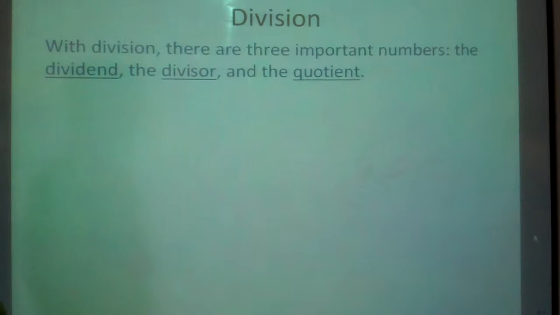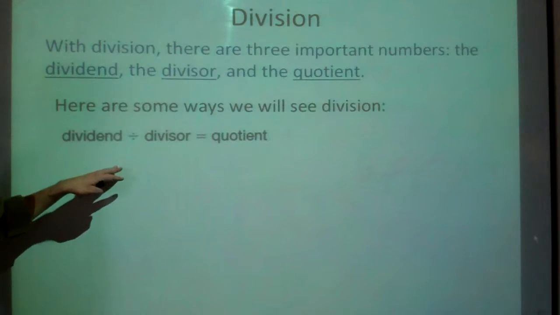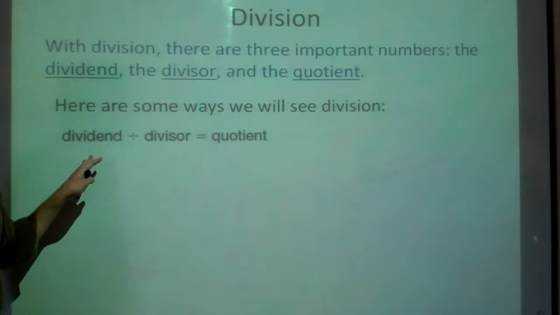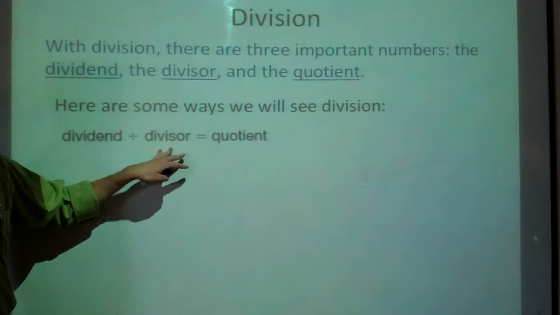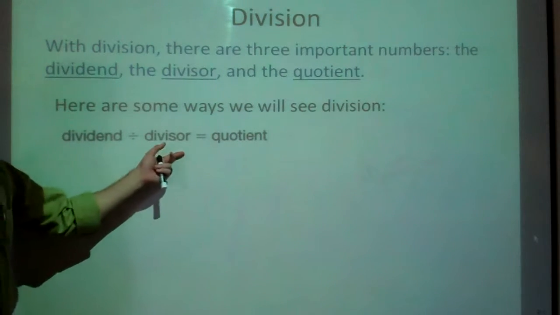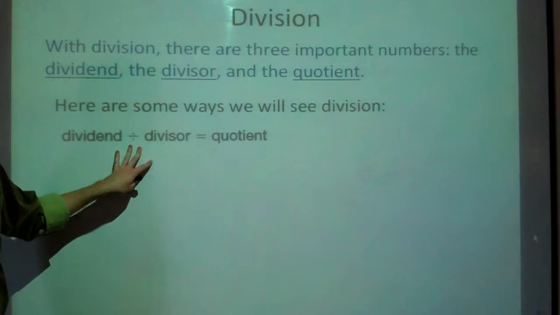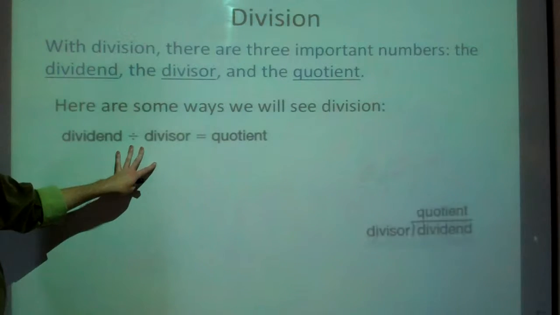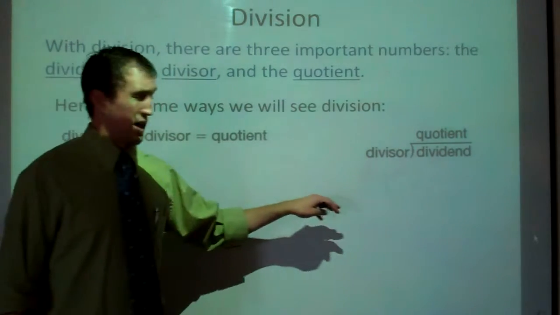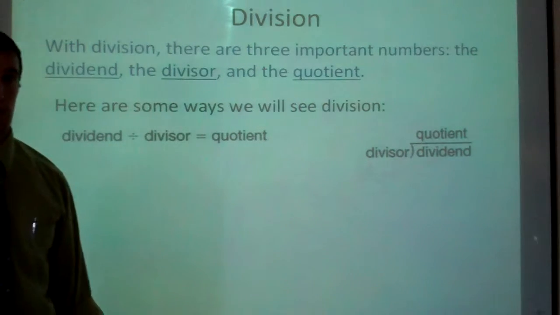And once again, I wanted to point out some of the notation. This is the very standard dividend divided by divisor equals a quotient. So basically, one number divided by another will give you an answer. This we don't see too much at this level. This is how you would do it if you're going to do it by hand, which the students did do today.